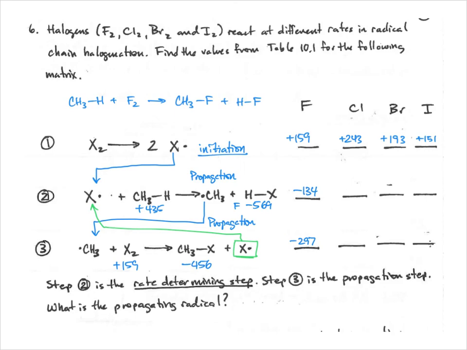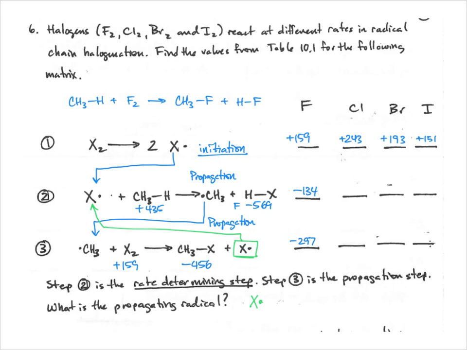So steps 2 and 3 are a chain. So this is a chain reaction. You've probably heard of that, chain reaction. So to answer this question here, the X radical is the propagating radical.